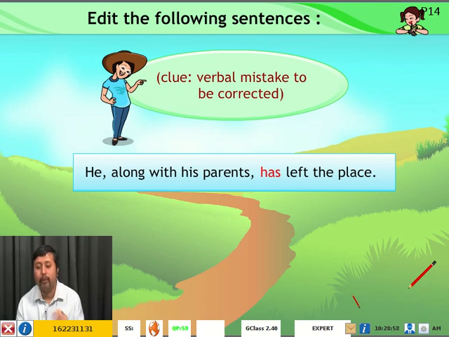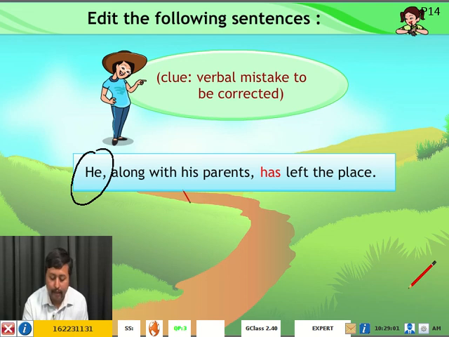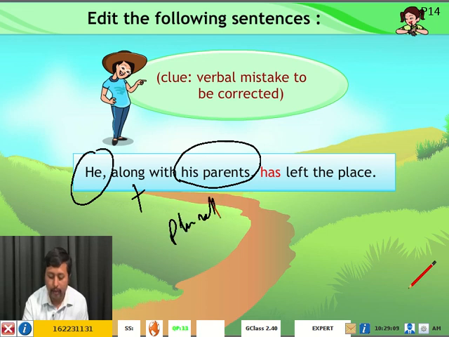Some of you may raise the question that when we add he and his parents, they make what? Plural, right? So if it is plural, why is it not have? Why are we using has?